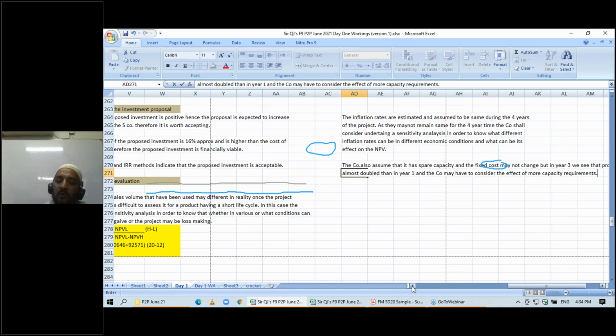Also tell about the IRR, the rules which are used, and then comment on it according to the question. But keep the scenario linked and keep matching the scenario with your answer. Please do not answer on an isolated basis, ignoring the scenario and just writing comments which you have learned from the book. Try to link the answer with the scenario. You will get easy marks from it, right?